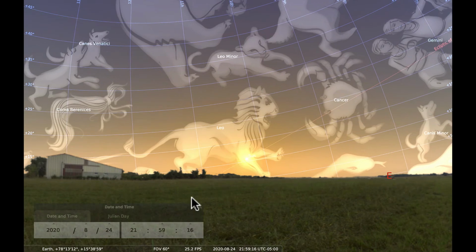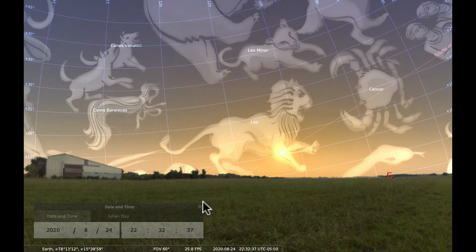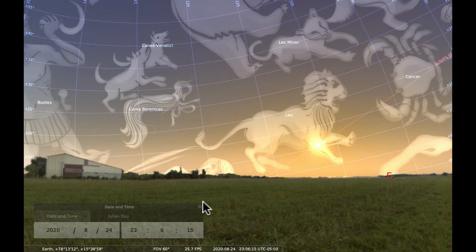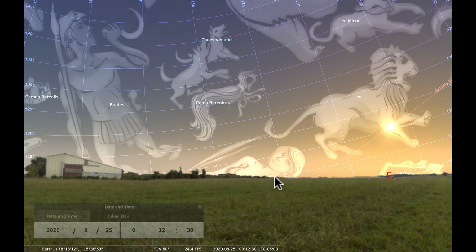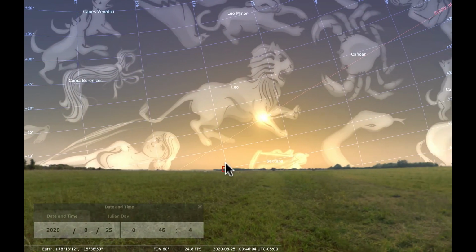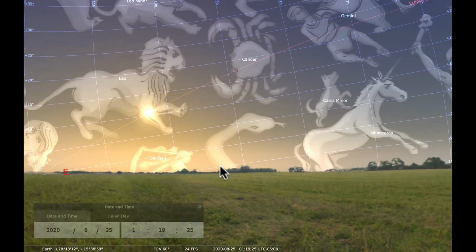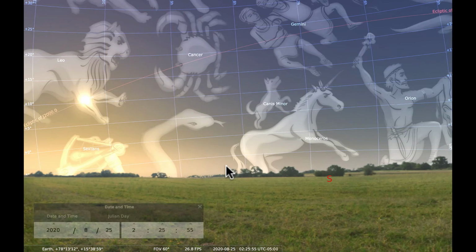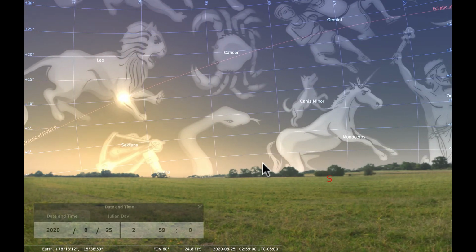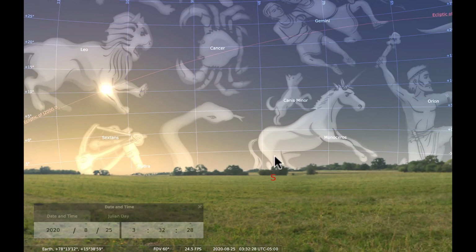That huge celestial sphere is rotating around us like this. The sun is in Leo, and you'll notice we're in August. It's basically going to circulate around the horizon over the course of the day, and there will be some days over the course of the year that the sun never dips below the horizon.